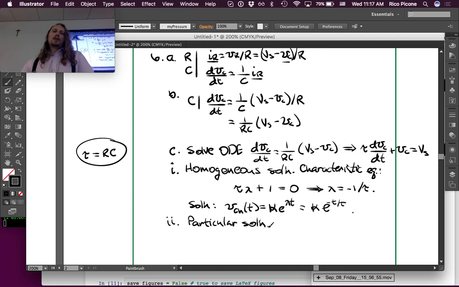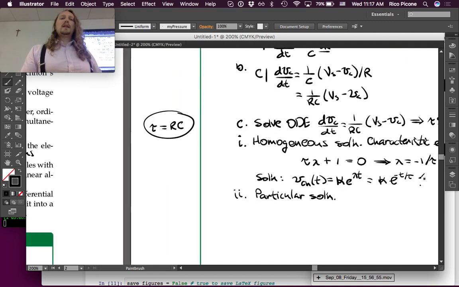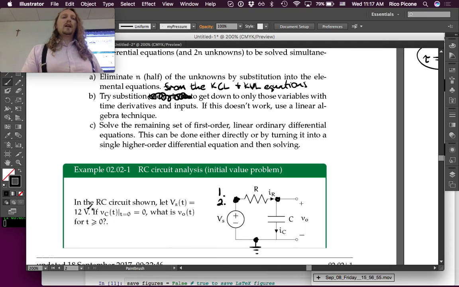Now, we're using the method of undetermined coefficients. So that method requires you to look at what the input is, the right-hand side, and say, what is its functional form? In this case, we said that Vs was just going to be a constant 12 volts. Okay?